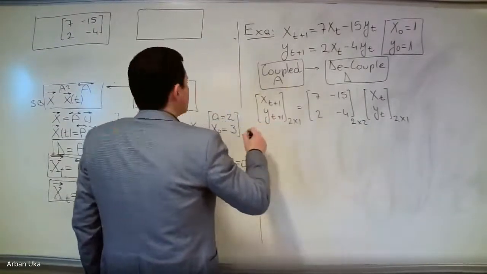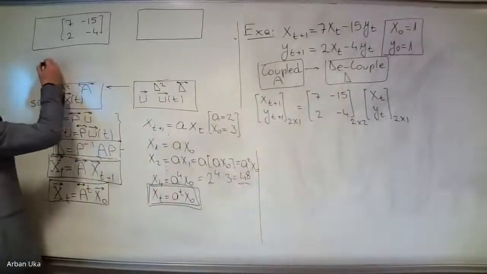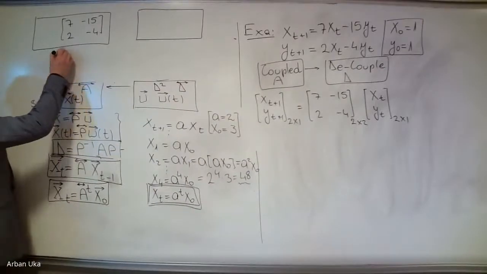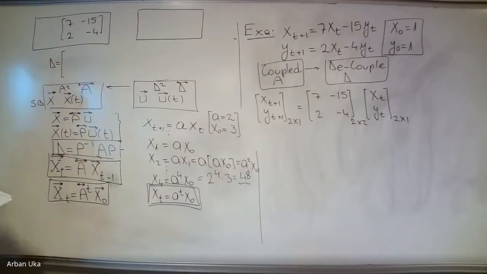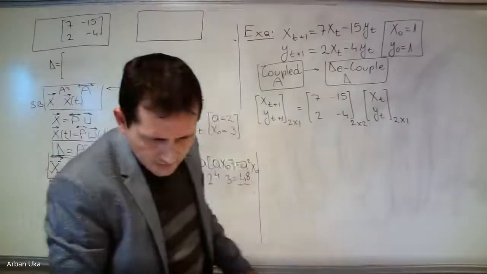So here we have the matrix A, and to solve this, we need to find the matrix D, which is the diagonalized version.